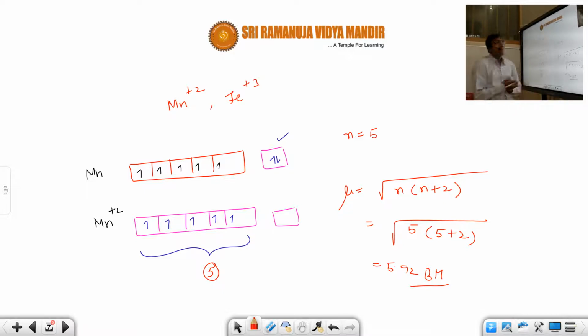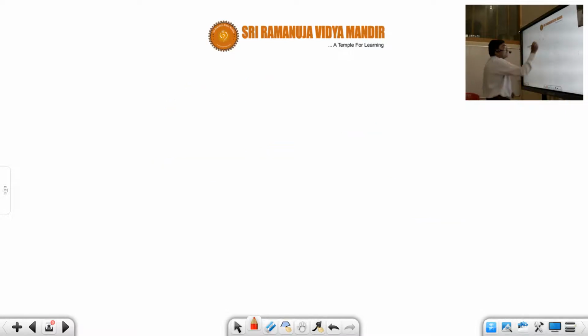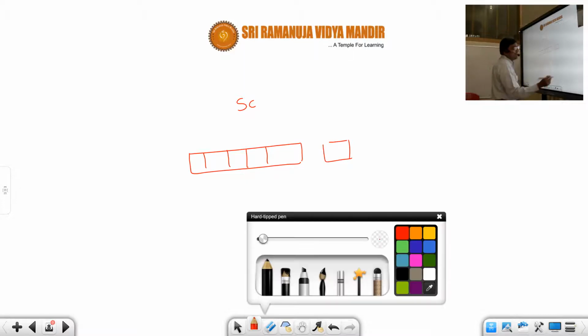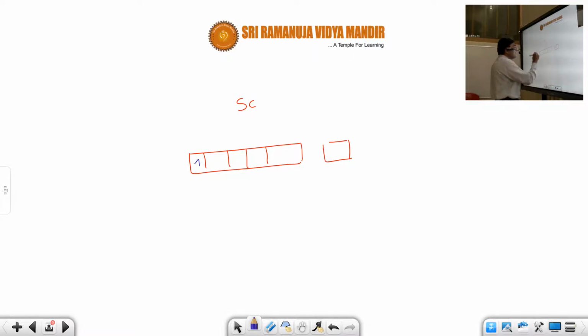I hope you understood. For example, scandium. What is the electronic configuration of scandium? 3d1 4s2. You have to see only unpaired electrons. The 4s2 is paired, so you should consider only 3d1. So, what is the formula? Magnetic moment is equal to root over n into n plus 2 Bohr magneton.